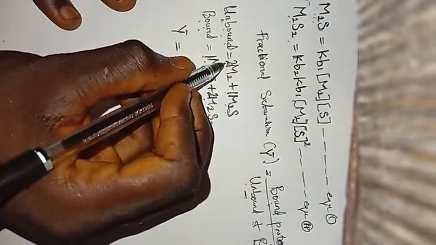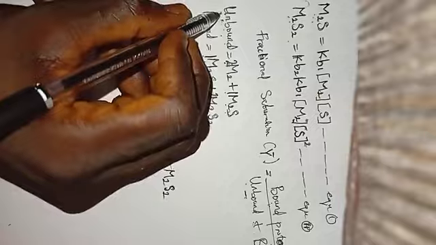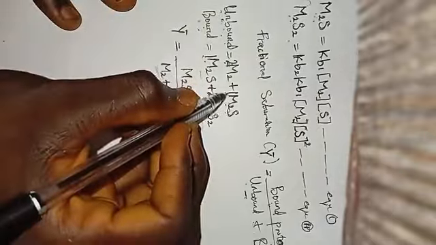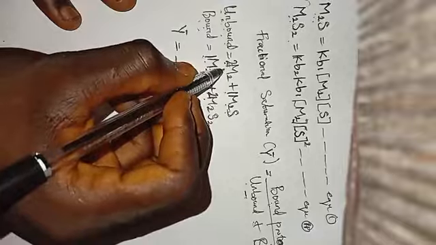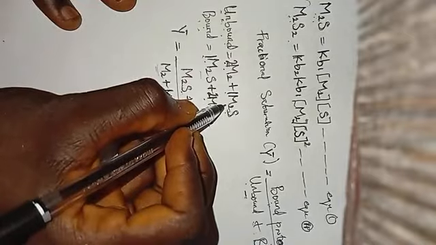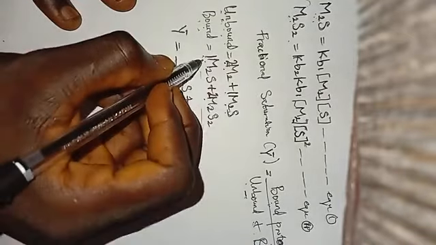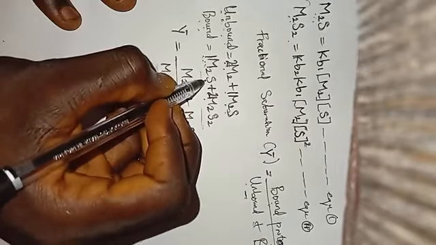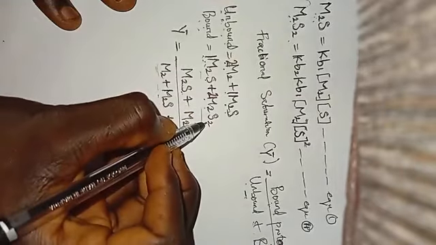The reason I put 2 here is because this region is for unbound, so it has two free active sites yet to be bound with substrate, while this one has just one left.